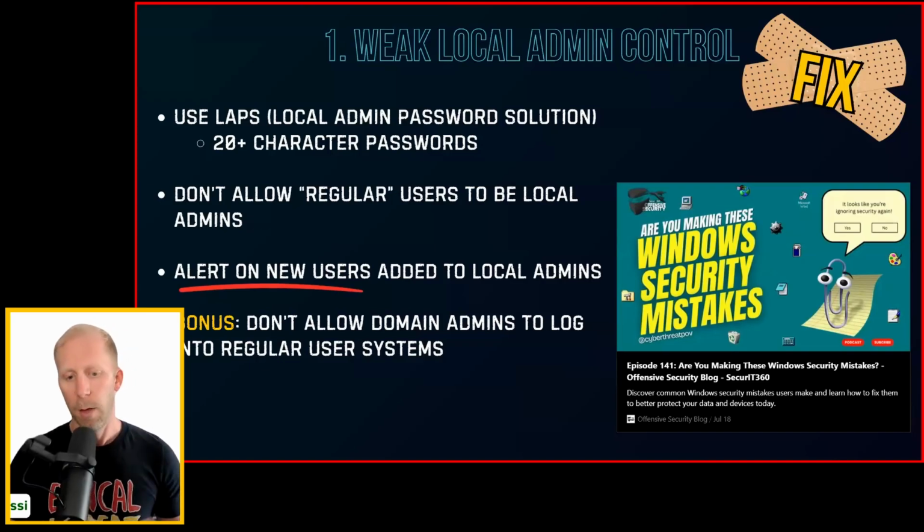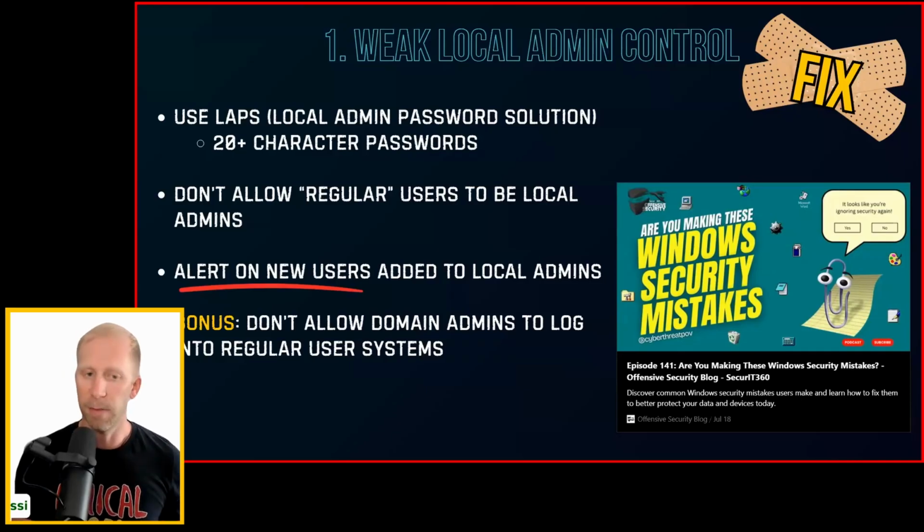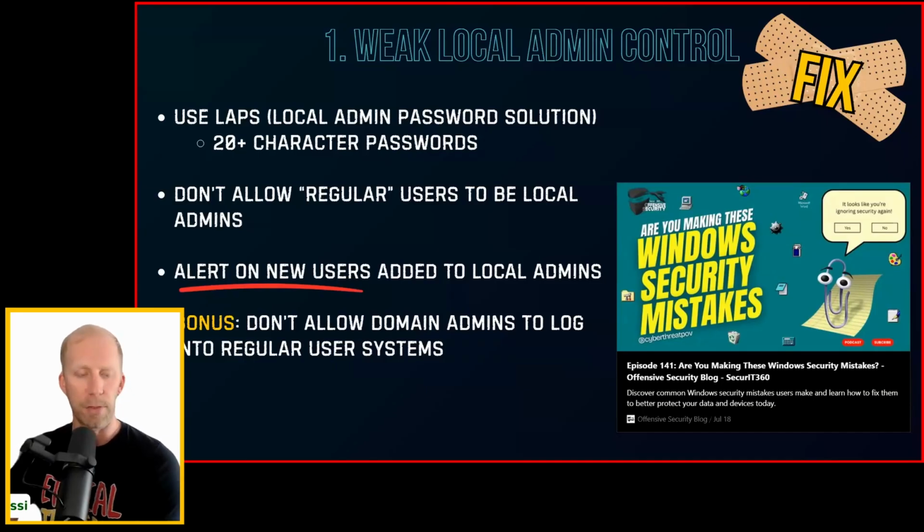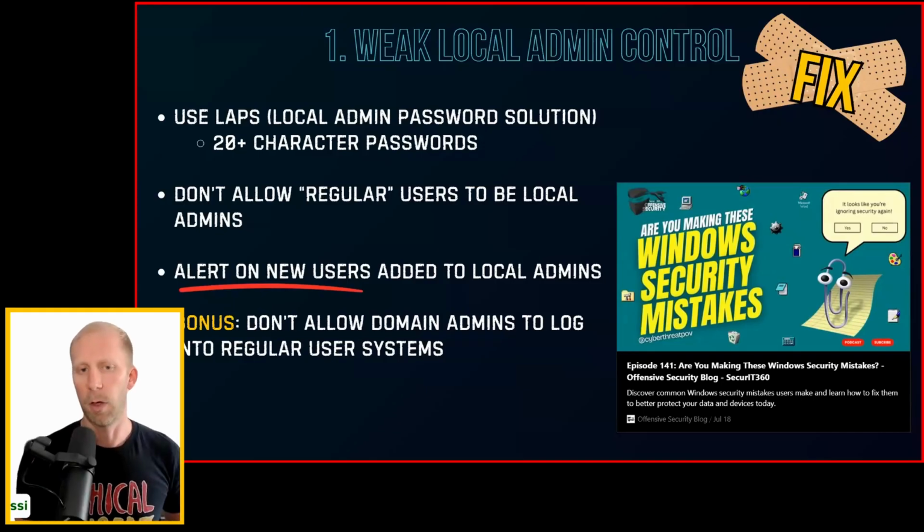Obviously, this makes sense, but for some, the things that we think are obvious, we maybe take for granted because we've known them and they make sense to us. So don't allow regular users to be admin, and don't allow them to auto elevate to local admin. There are a number of products where you can deploy them and users can request admin. And maybe if you have some approval process, that might work, but don't just allow them to auto elevate without some process in place to validate it.